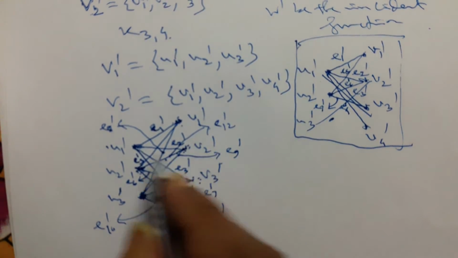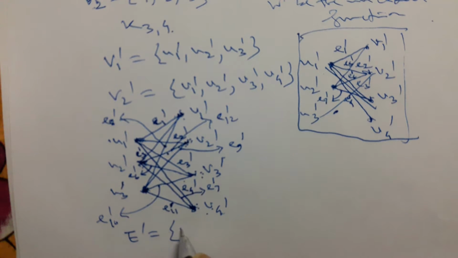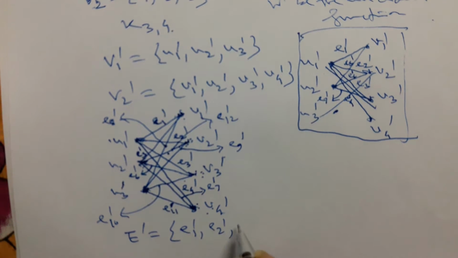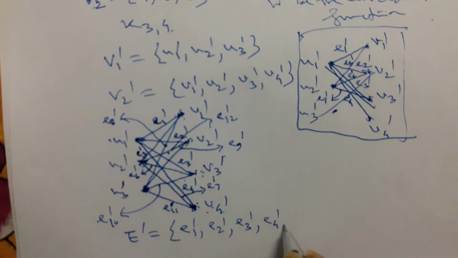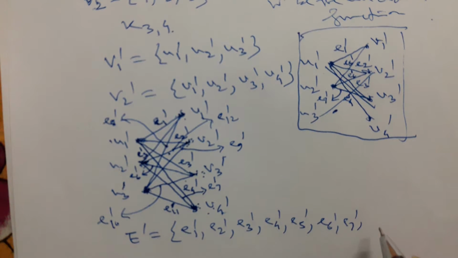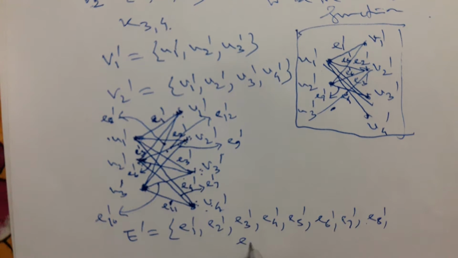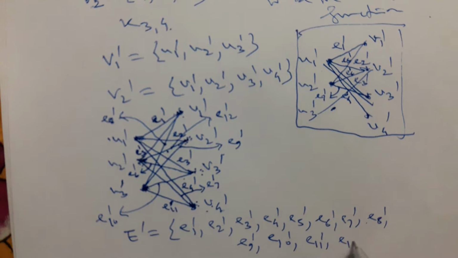So we are taking all these edges, that is e dash consisting of the edges e1 dash, e2 dash, e3 dash, e4 dash, e5 dash, e6 dash, e7 dash, and also e8 dash, e9 dash, e10 dash, e11 dash, e12 dash.